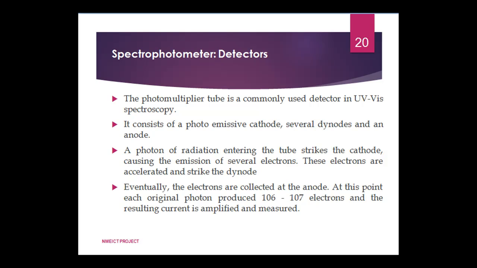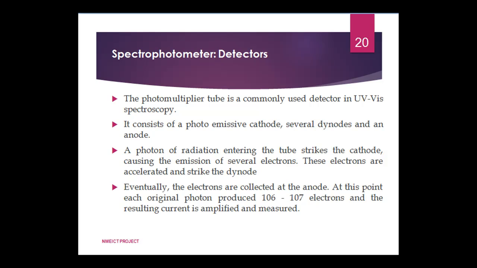A photon of radiation entering the tube strikes the cathode, causing the emission of several electrons. These amplified electrons strike the first dynode, which is 90 volts more positive than the cathode, causing emission of more electrons for each incident electron.